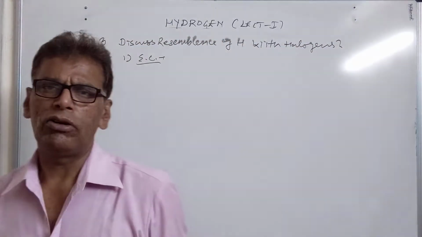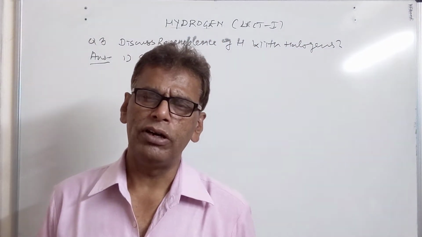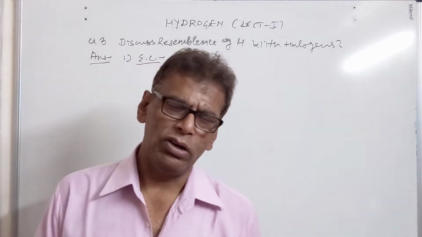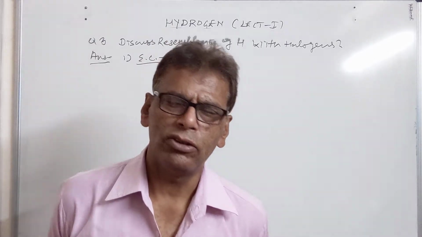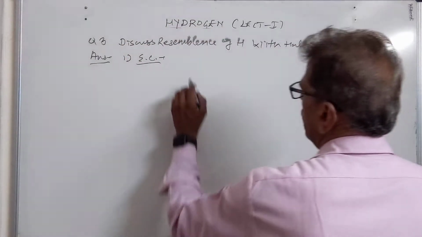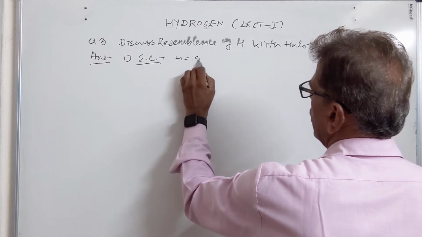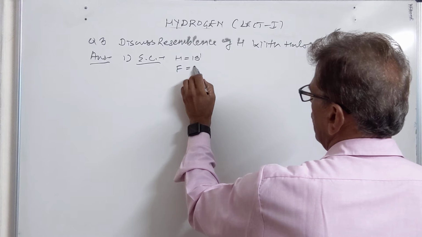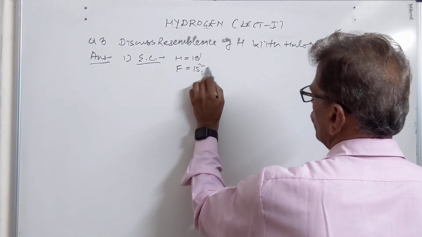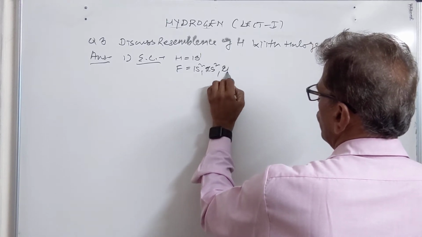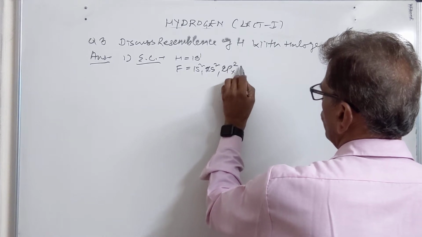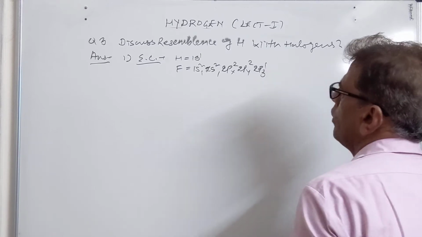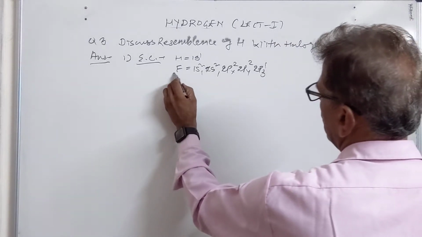If we study the electronic configuration of halogens and hydrogen, all of them require one electron to acquire the electronic configuration of the next noble gas. For example, hydrogen's configuration is 1s1, fluorine is 1s2, 2s2, 2p5, that is 2px2, 2py2, 2pz1. So fluorine has atomic number 9.